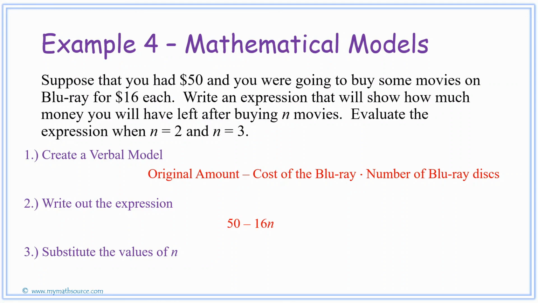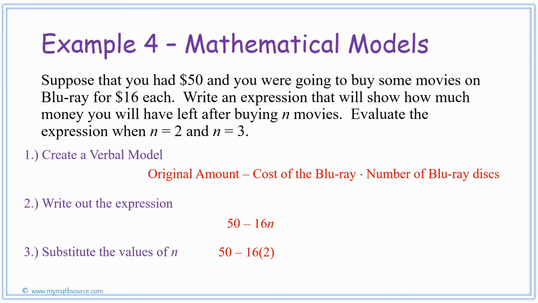All right, so now the question asks us to evaluate the expression when N equals 2 and N equals 3. And because they actually tell you N, then you use N. So now that we have that, we use what we just learned in example 3 and substitute N equals 2 first, and then do another expression substituting N equals 3. So if I substitute 2 in there, I have 50 subtract 16 times 2.